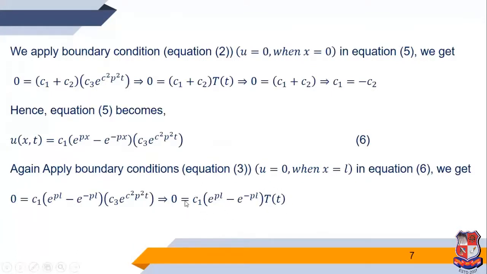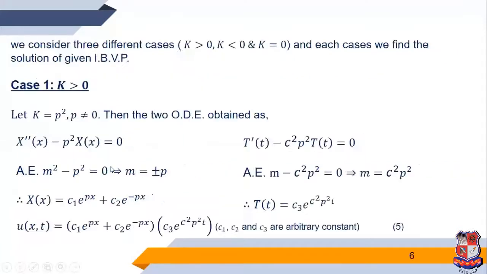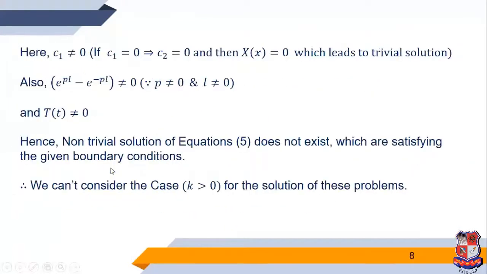C1 we can't consider 0, because if we consider C1 is 0, then C1 is equal to minus C2, that means C2 is 0. So C1 is 0 implies C2 is 0, and then X of x is 0, which leads to the trivial solution.